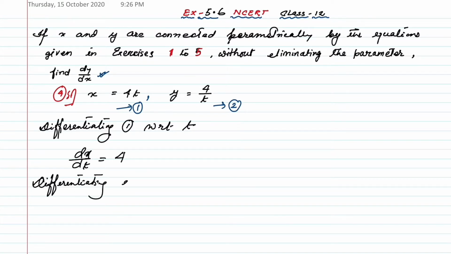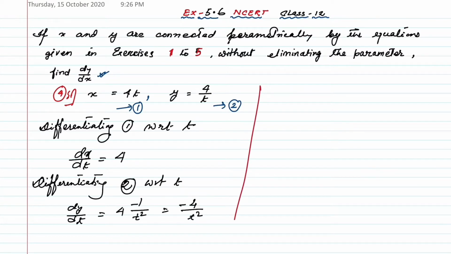Differentiating equation number 2 with respect to t, it will give dy by dt is equal to 4, which is constant, times the derivative of 1 by t with respect to t, which is minus 1 by t square, so that is equal to minus 4 by t square. So therefore what we need is dy by dx.